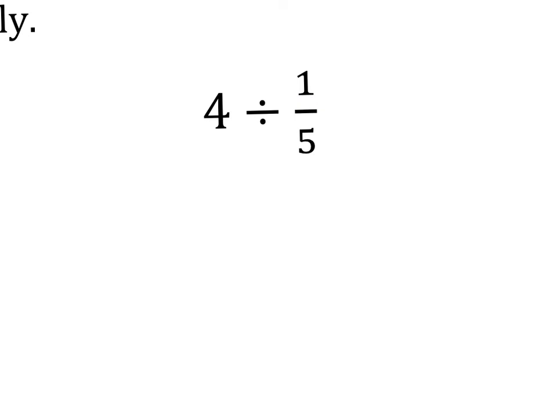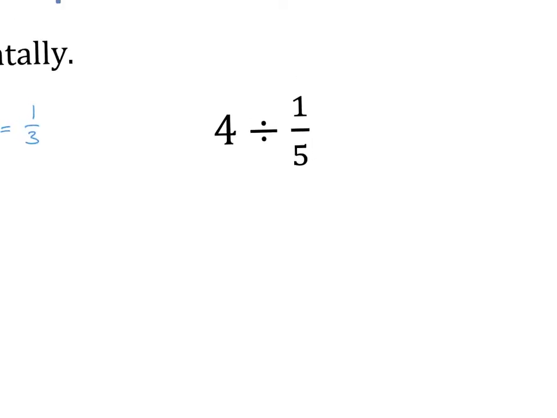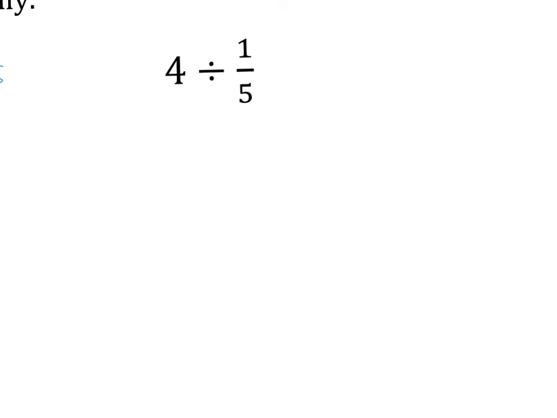All right, for the next one we're now dealing with division. In the past, you may have learned such tricks as flip and divide, things like that. But I try not to go with just the tricks. So instead, let's think about what it looks like if we were to actually divide this.